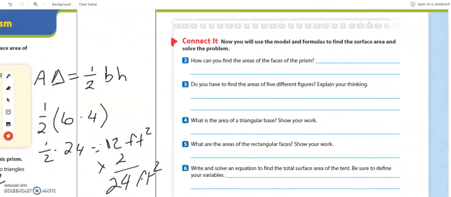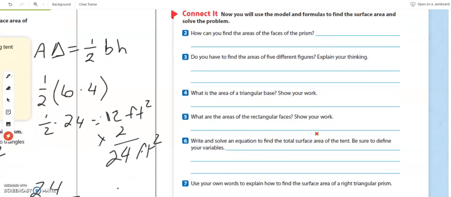Okay. We pretty much did all this already. I can go through it again. So, how do we find the area of the faces of the prism?